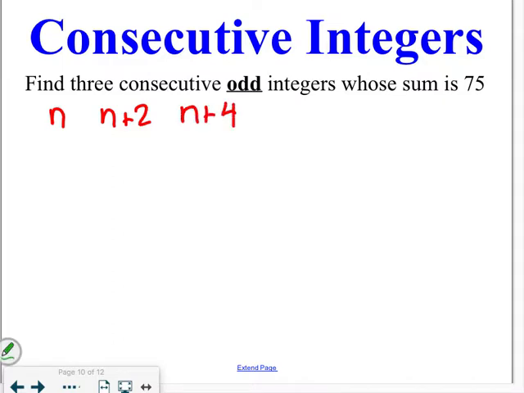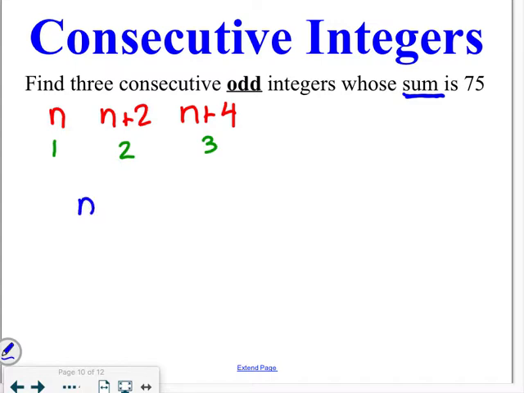That stands for our first number, second number, and third number. Again, that's following the odd pattern from that table. It's asking us whose sum is 75. If you remember back to our list of keywords, sum means addition. So we need to add up all of our numbers.